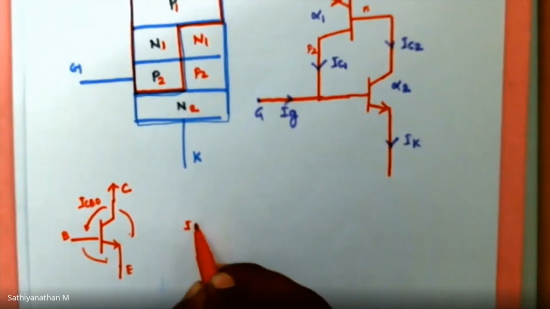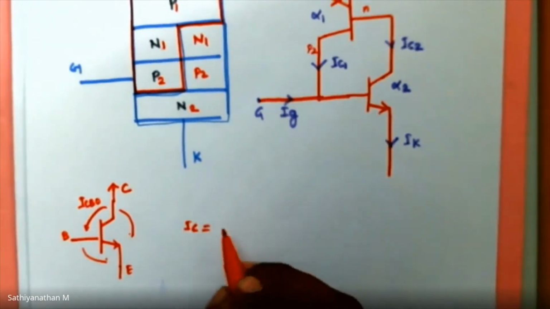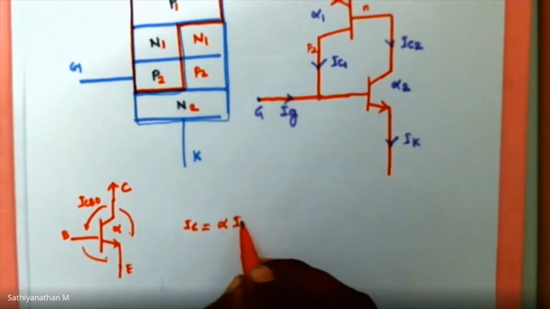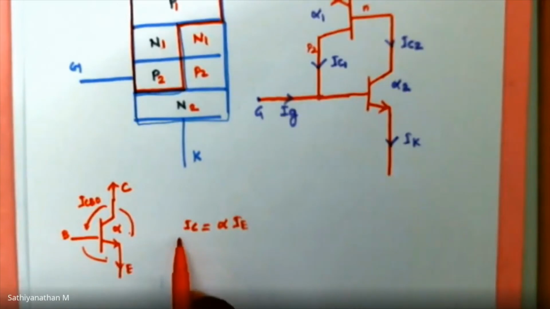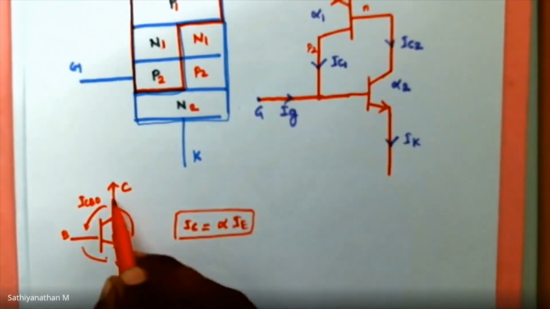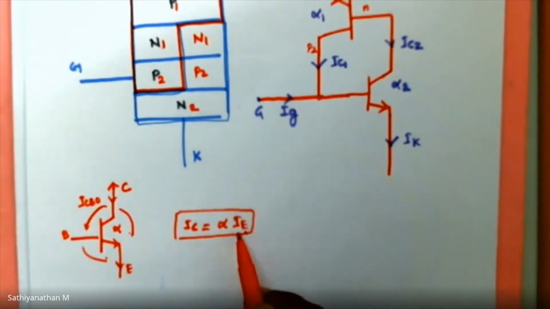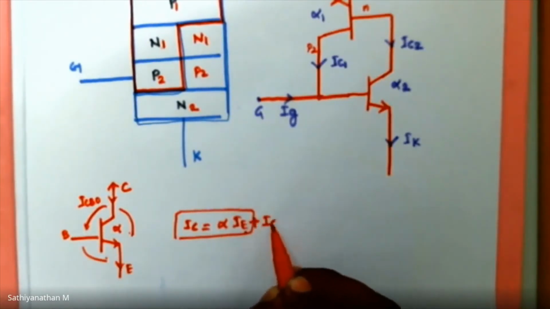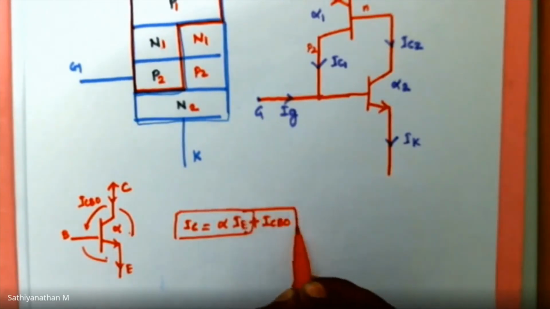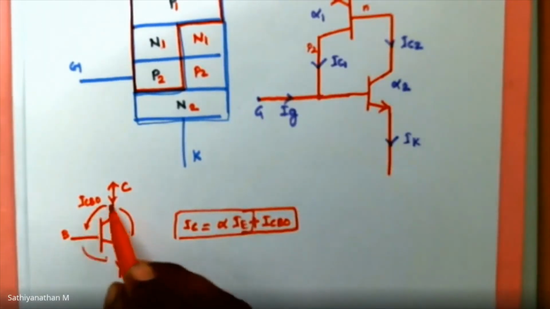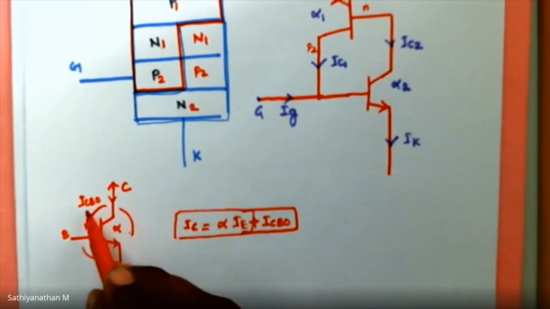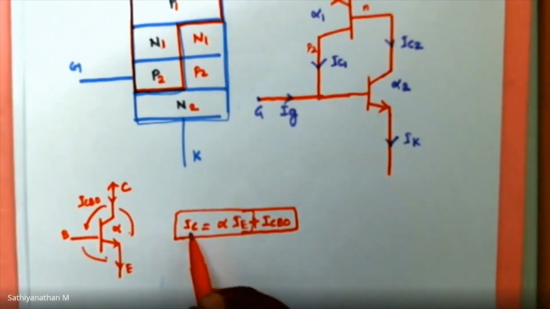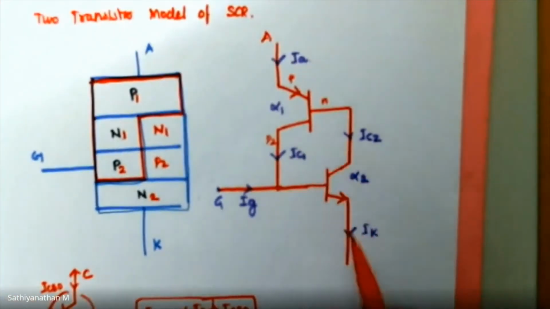Your collector current is generally represented by alpha, the amplification of this device, times the input current. Your input current is amplified by using this factor. Along with this, you have some leakage current, ICB0, which is the leakage current between your collector and base. So this is your collector current equation. We are going to use this equation for this two transistor model.